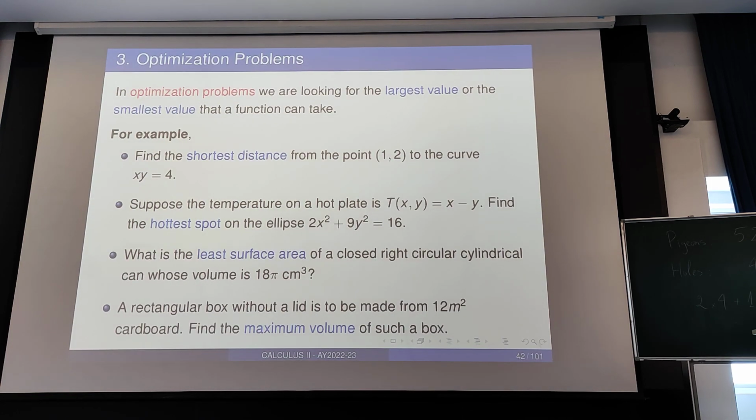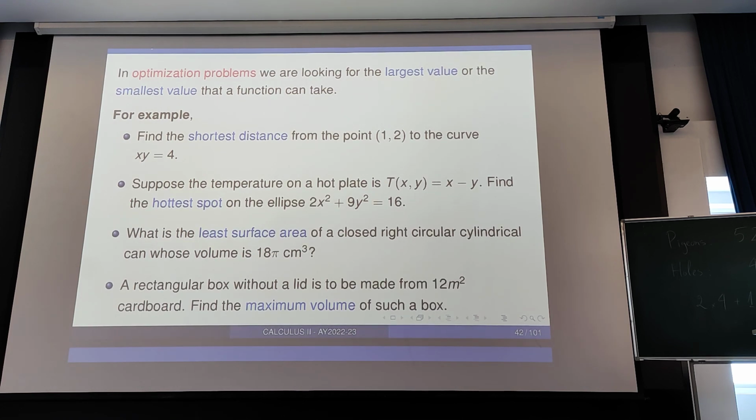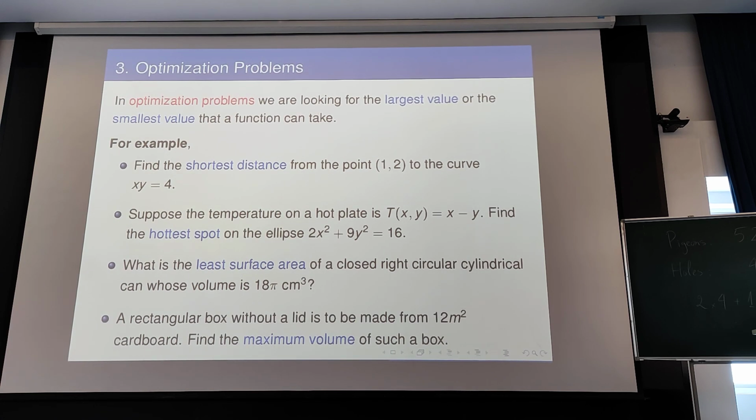So we move to the next topic about the optimization problem. Before going to the mathematical form, we have here some examples to show you the very important role of this topic in practice.